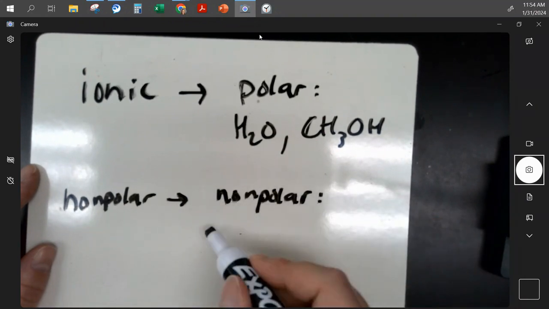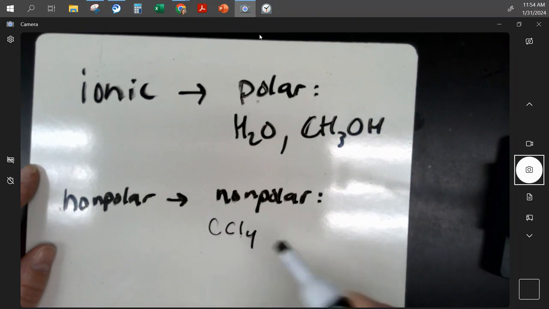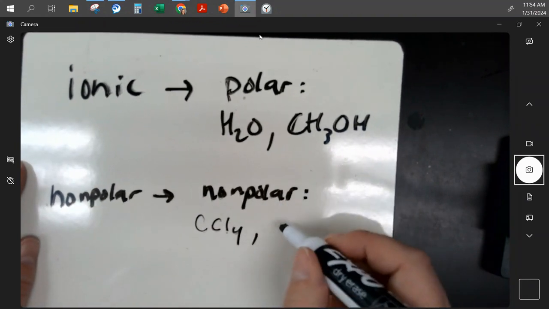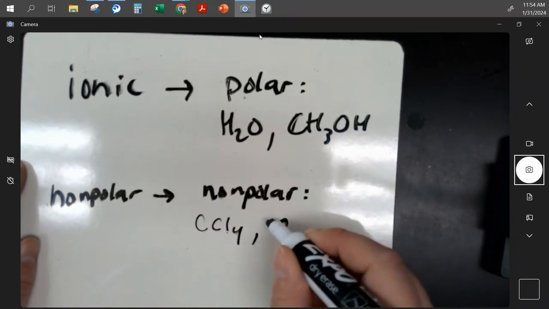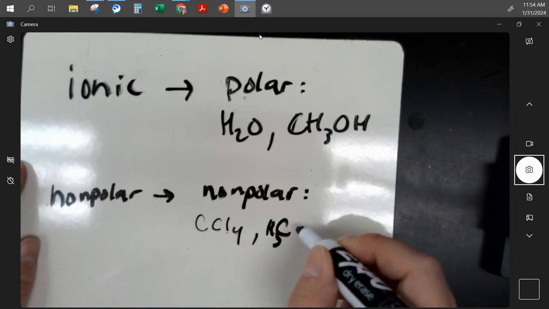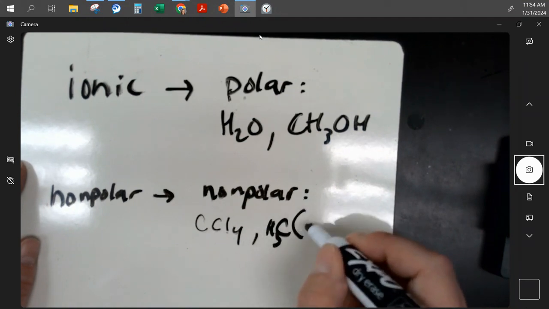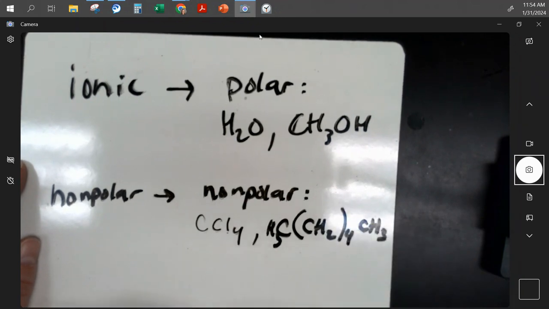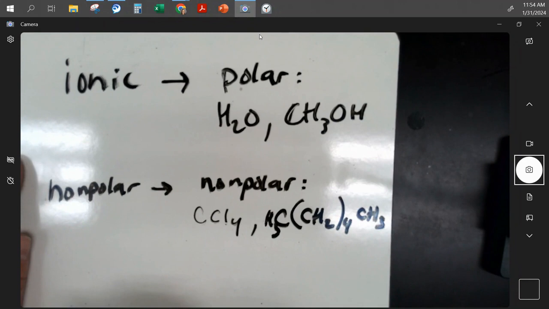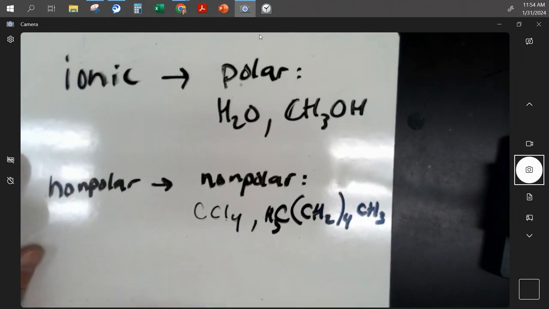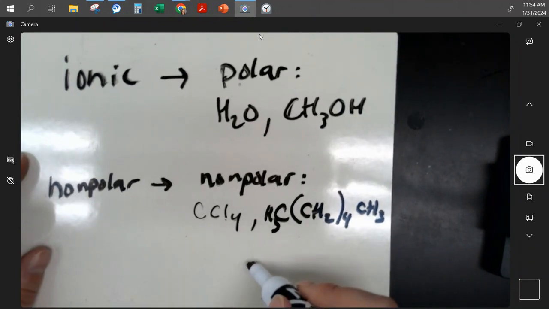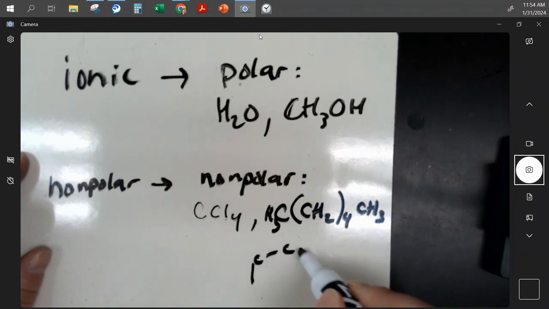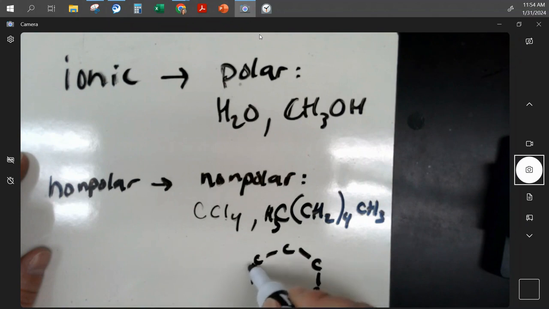That would be something like CCl4 or a long carbon chain, like H3C, CH2 four of those, CH3. So this would be like hexane. That's a long carbon chain that's nonpolar. Sometimes they have benzene. That's also nonpolar. Something like this.